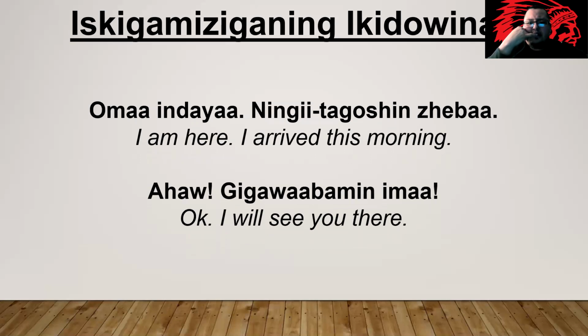I'm here at the sugar bush, and I arrived this morning. And the other person on the other line says, Gigawabman, Ima, I will see you there. Okay, kind of role play that way. If you have a friend that you study Ojibwe with, you can role play and talk about it back and forth.